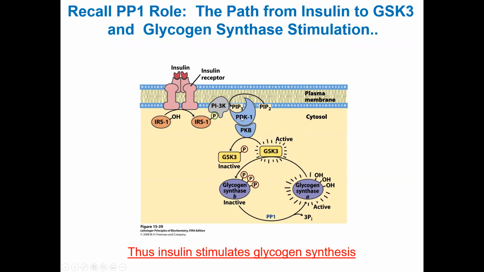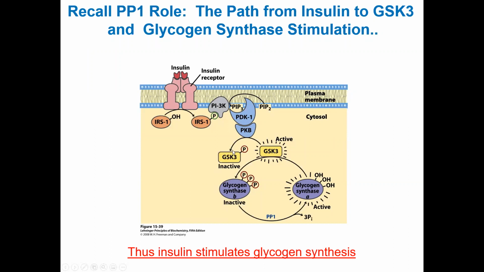PDK1 will then activate PKB, which is the same as AKT, if you recall. We talked about this enzyme as well. AKT or PKB is the enzyme that converts glycogen synthase kinase 3 to a phosphorylated form. The phosphorylated form of GSK3 is the inactive form, right?